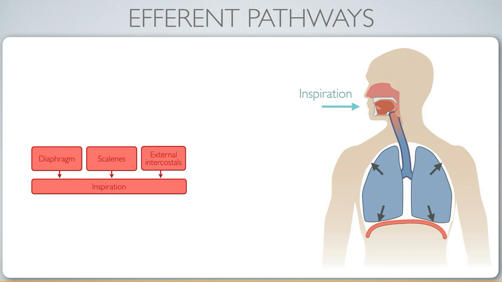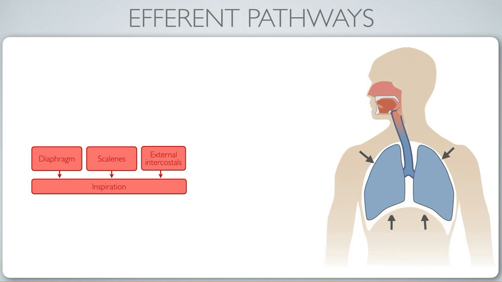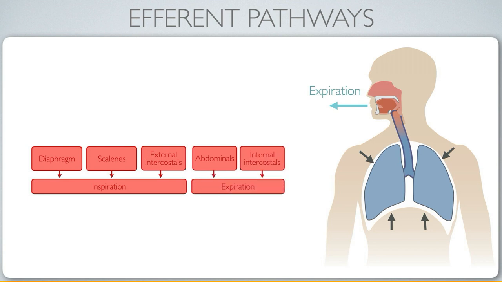On expiration, that all reverses. We have a relaxation of the diaphragm muscle and the contraction at high intensities of the abdominal muscles, and at lower intensities, the internal intercostals suffice to drive expiration. So that's a reduction in the volume of the thoracic cavity, which in turn elevates the pressure on the inside of the lungs.